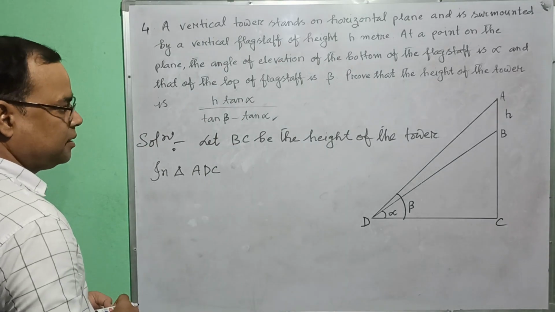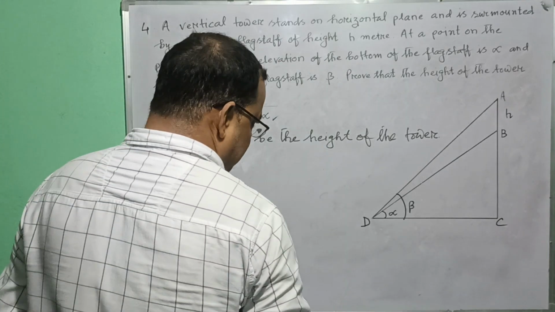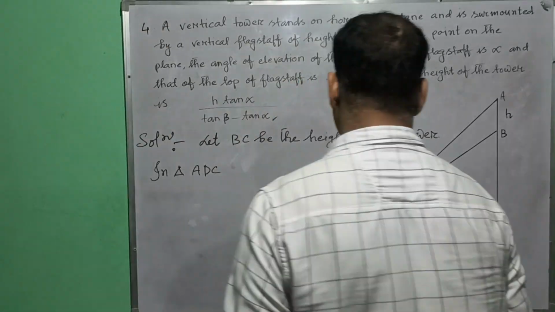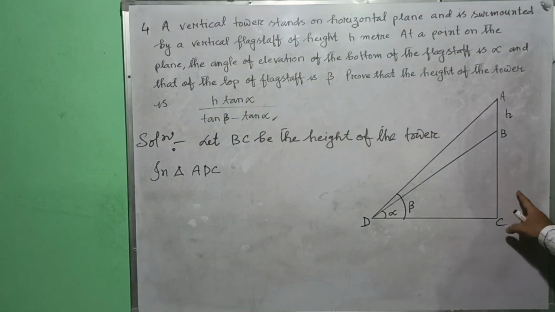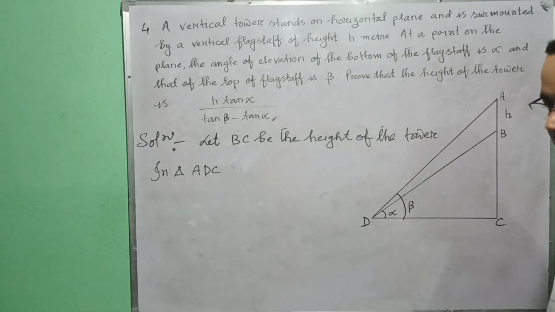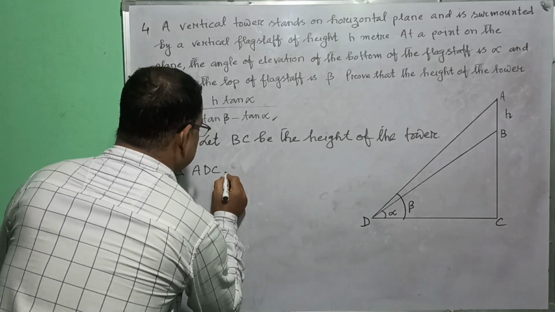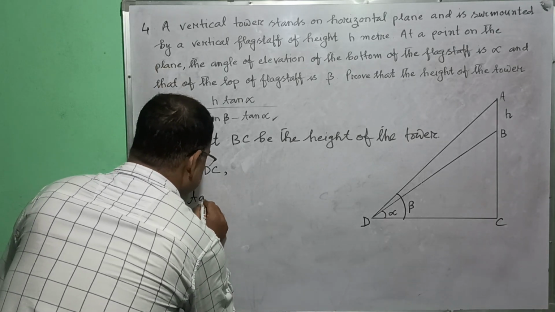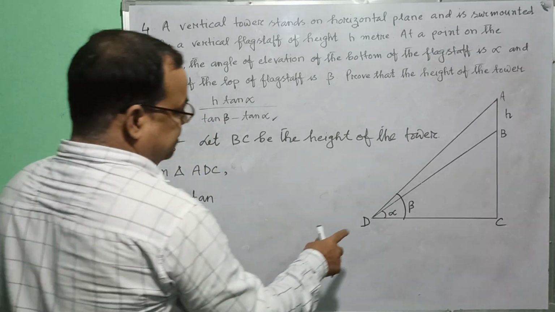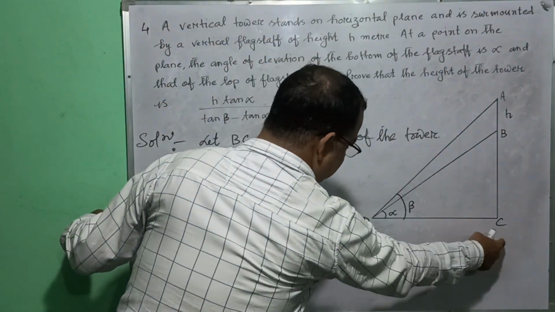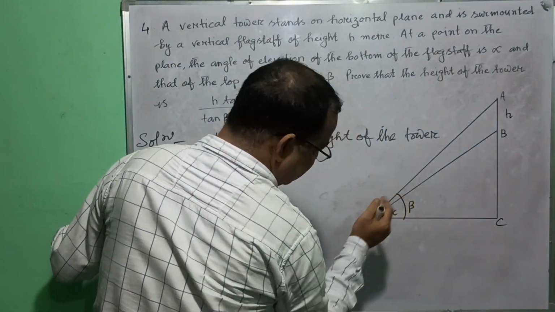In triangle ADC, because it is related to the height, we'll take the trigonometrical ratio tan. So we'll write tan ADC. Here the angle related is beta.